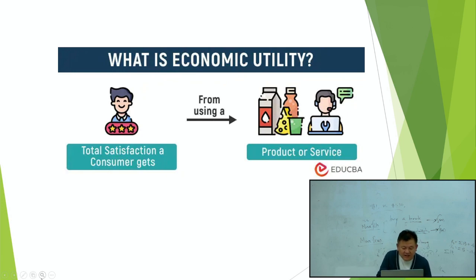Even if I bought a $1 bottle of water or a $1.50 bottle of water, using that product or service, this is economic utility: the total satisfaction a consumer gets from a product or service.